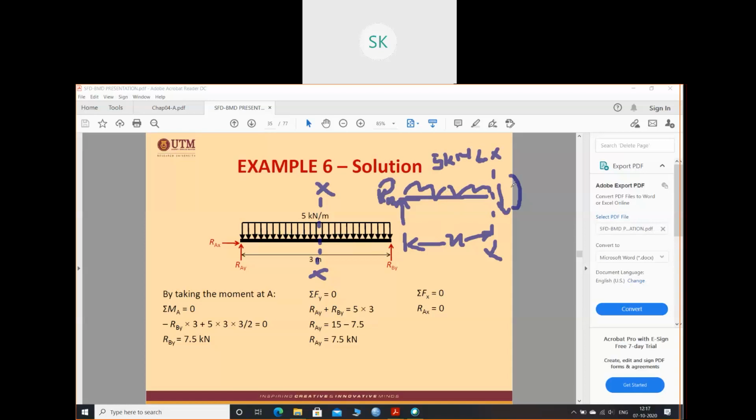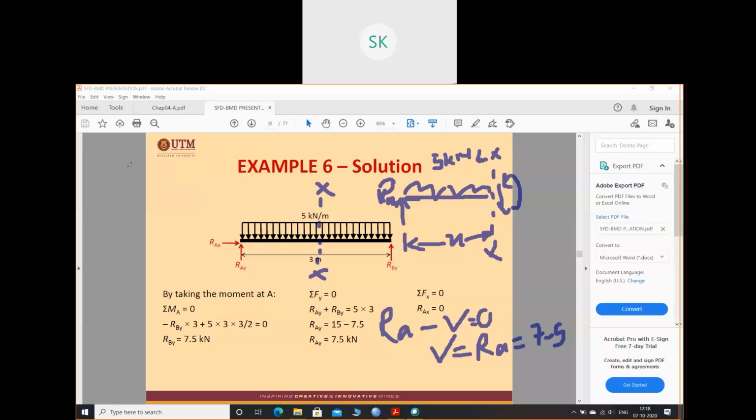There will be a shear force and a moment. If I see the summation of all vertical forces equal to 0, so RA minus V equals 0. So your V will be your RA, that means it will have a value of 7.5. Next, the summation of moments about this section should be 0.